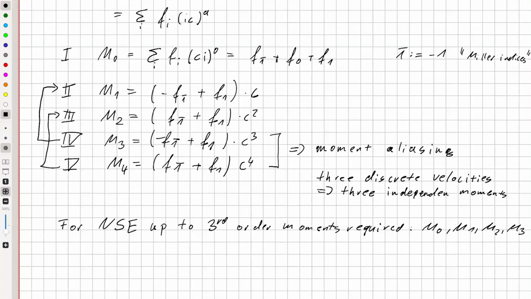Now, the moment M0 is, okay, I have been criticized for being inconsistent, and this is, of course, good. But I'm used to the sluggishness of the lattice Boltzmann world in this. So the zero order moment, is it the mass or is it the density?